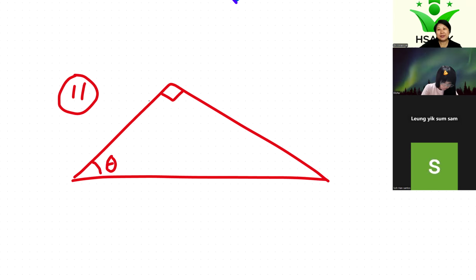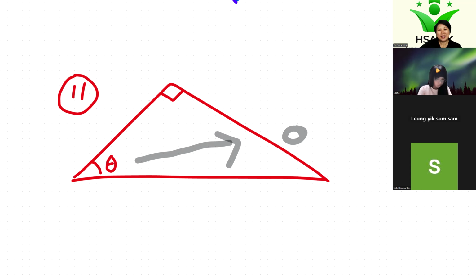Santos, your turn. Very good. Opposite to the theta is O. Fantastic. You got it. Very good. Opposite to the right angle is the hypotenuse.